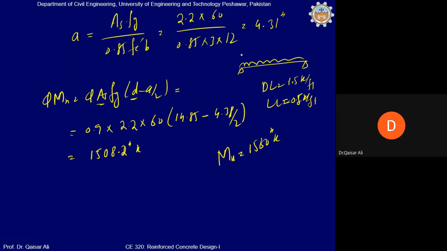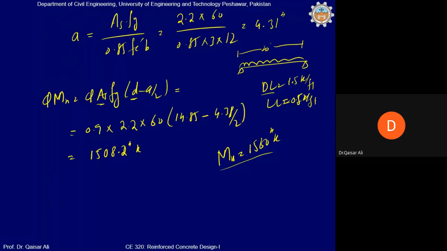The length of beam was 20 feet. If you calculate the moment, first of all you will multiply these with load factors, and then you will calculate the maximum moment. So it was finally equal to 1560 inch kip. I think you remember this.